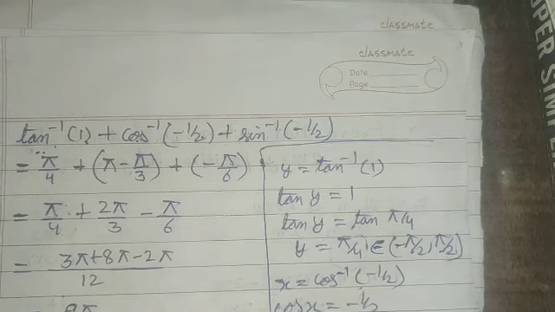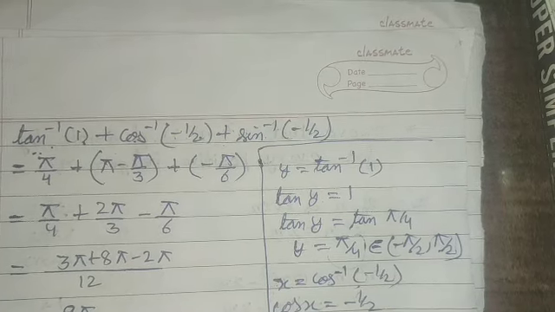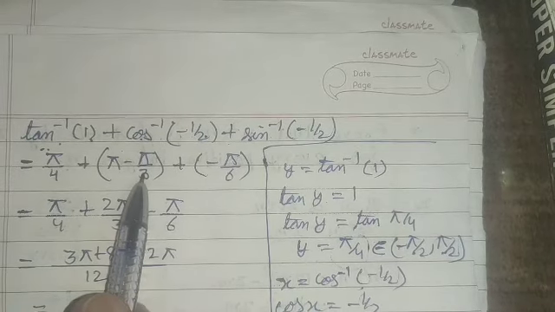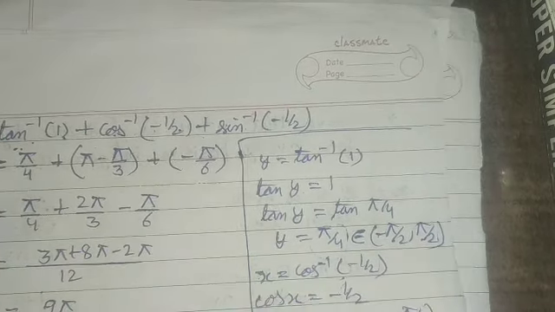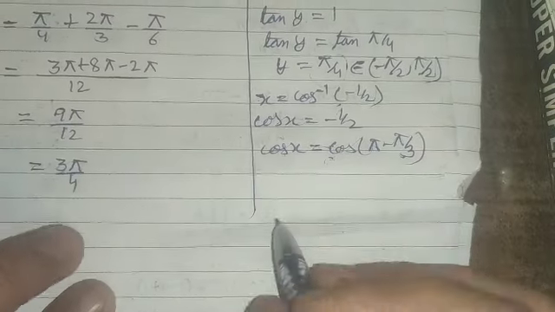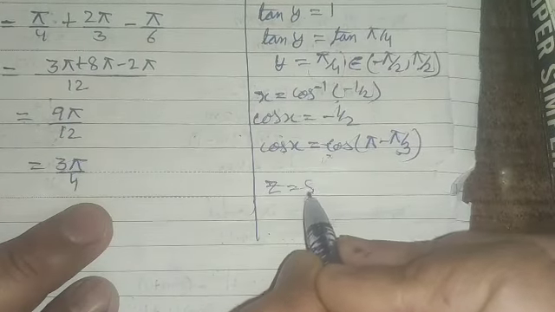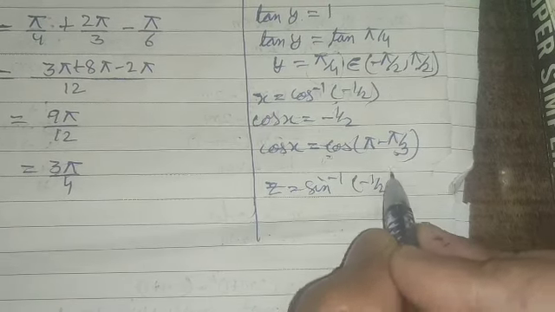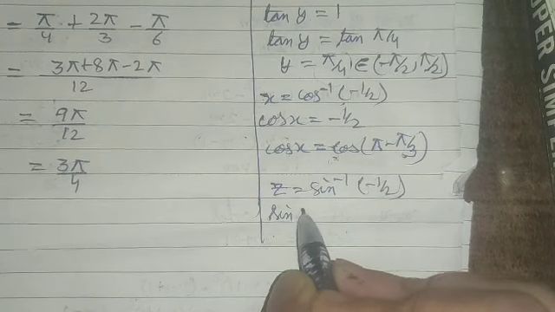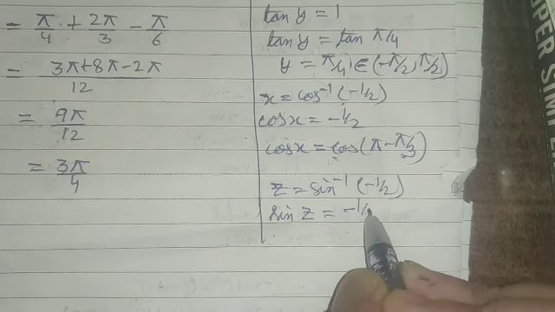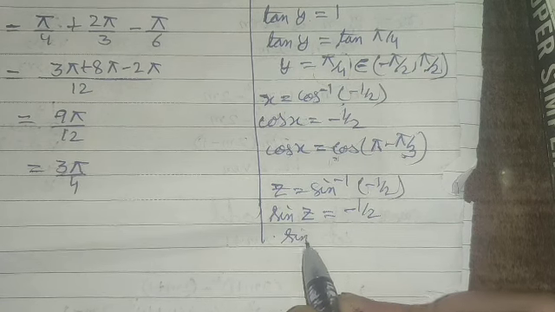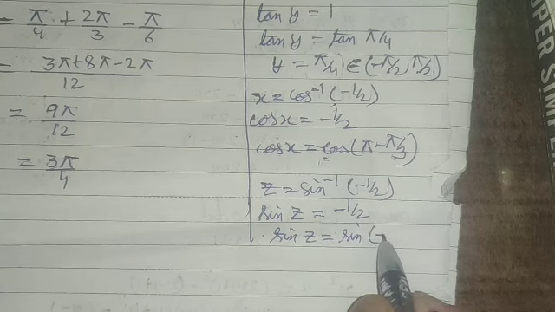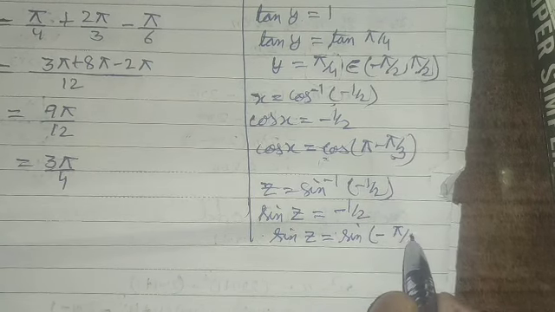Now cos x will be cos of pi minus pi by 3, and we can say that it is 2 pi by 3. Now again, sine inverse minus 1 upon 2. If I take z equal to sine inverse minus 1 upon 2, then sine z will be equal to minus 1 upon 2, and sine z equal to minus 1 upon 2 will be sine of minus pi by 6.